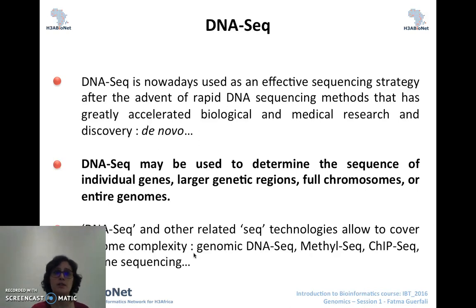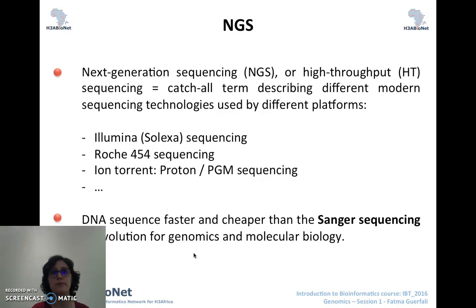Several technologies exist that have different purposes, whether you would like to sequence an entire genome or only the exons, for example, that are the coding parts of the genome. And this is what makes NGS today a catch-all term that is used to describe a number of modern sequencing technologies, like the Illumina sequencing, for example, and we will be seeing examples of these technologies later on.